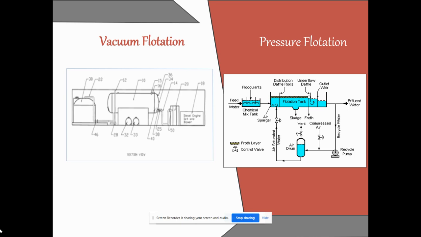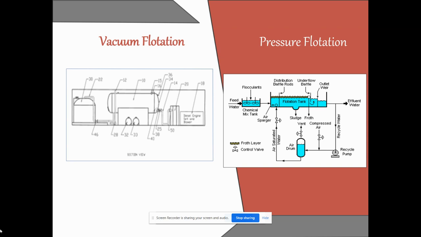Vacuum flotation. As we can see in the figure, the process stream is saturated with air at atmospheric pressure and introduced to the flotation tank on which a vacuum is applied, giving rise to the generation of air bubbles. The process can be run only as a batch process and requires sophisticated equipment to produce and maintain the vacuum.